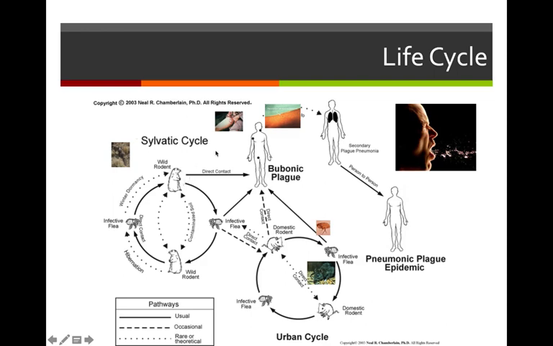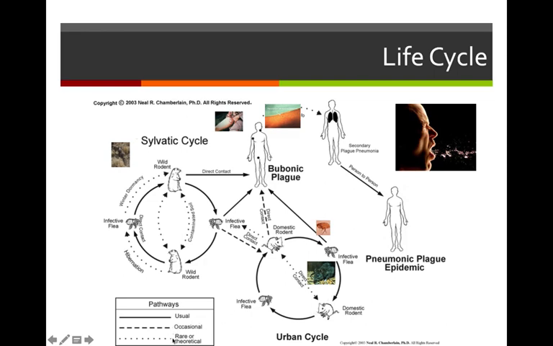Once humans especially started congregating, we ended up with this urban cycle where rodents could be bitten by a flea, which would bite another rodent, which would be bitten by another flea, which could eventually bite a person. More rarely, you can have direct contact between a rodent and a person, or between a rodent and a rodent, to potentially transmit disease.